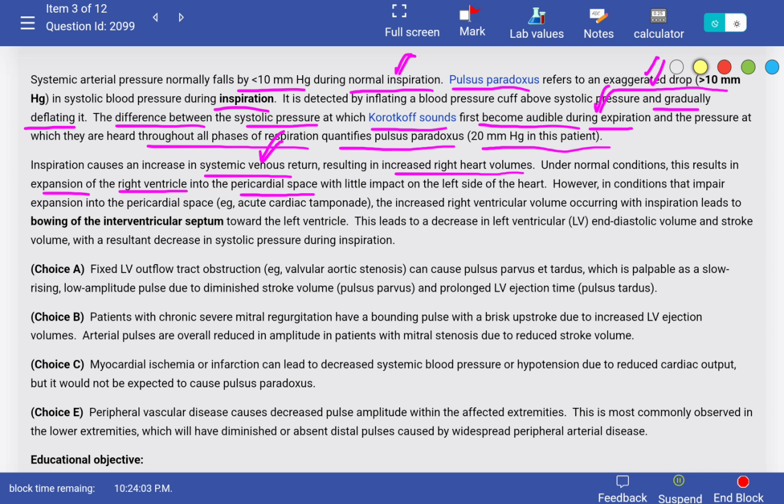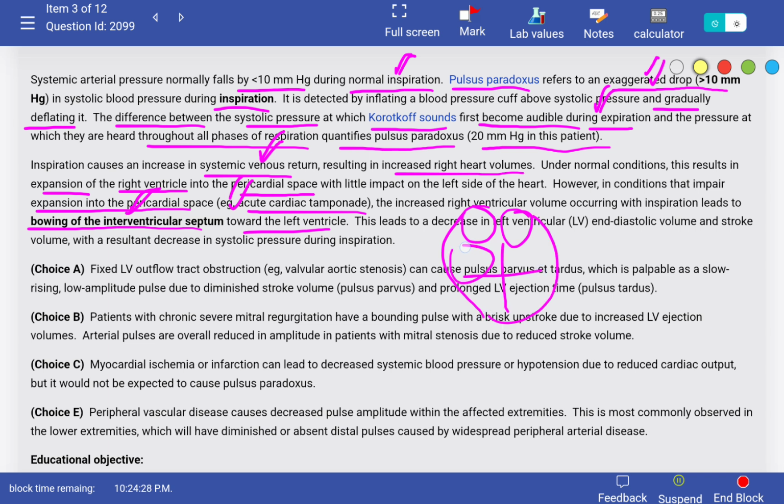However, in conditions that impair expansion into the pericardial space, like in acute cardiac tamponade, the increased right ventricular volume occurring with inspiration leads to bowing of the interventricular septum towards the left ventricle. So let's say this is normal.